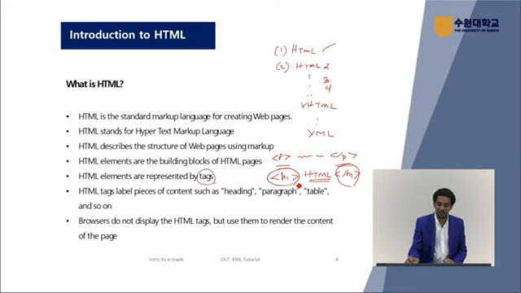Okay, so this means this HTML content is going to be heading 1, and it will be displayed as heading 1, where you will not see this text on the browsers, right? So browsers do not display HTML tags, but they use them to render the content on the page, the content here like the HTML, right?